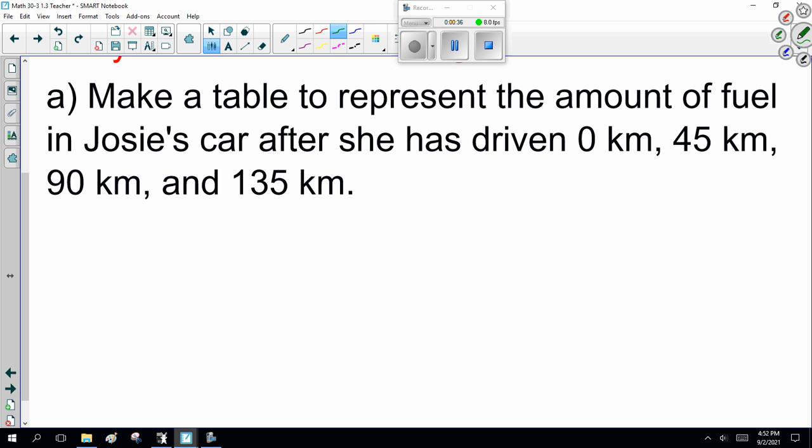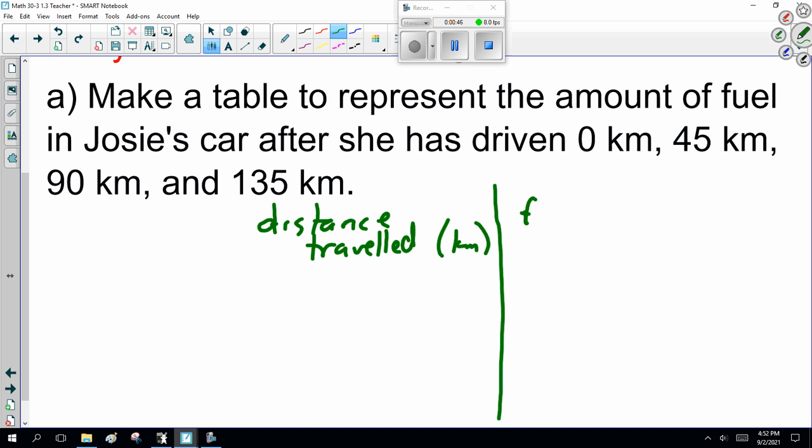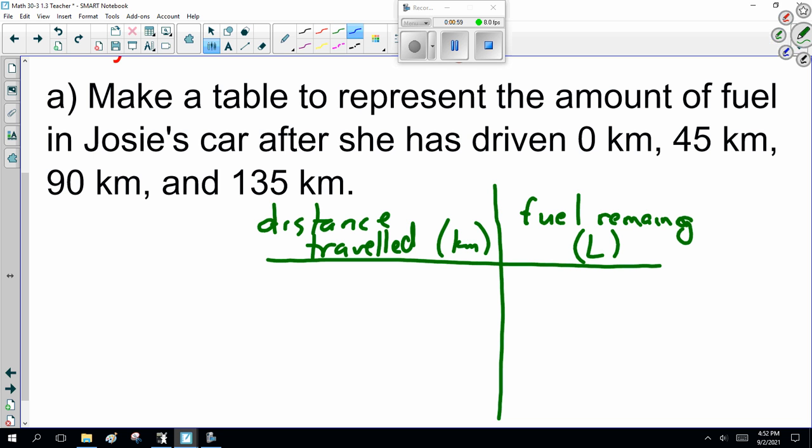So, distance traveled, in kilometers, versus fuel remaining, in liters. 0 kilometers, 45, 90, 135.